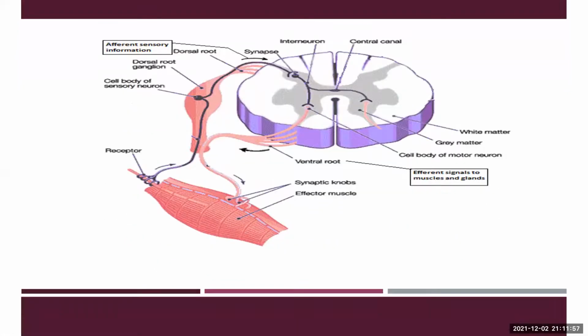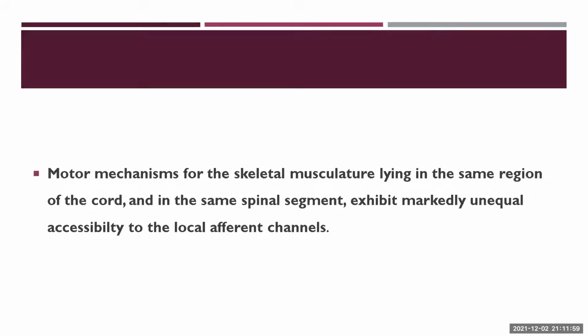Next, the third rule is that motor mechanisms for the skeletal musculature lying in the same region of the cord and in the same spinal segment exhibit markedly unequal accessibility to the local afferent channels. In this law, he is saying that in most joints, the flexor and extensor muscles are innervated by motor fibers from the same roots. The same efferent root will be innervating the flexor and extensor muscles.